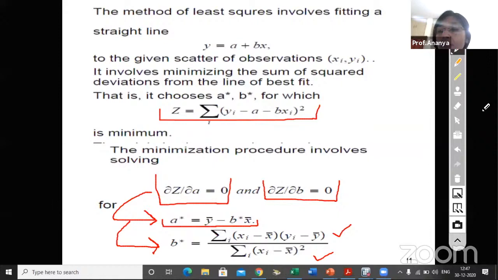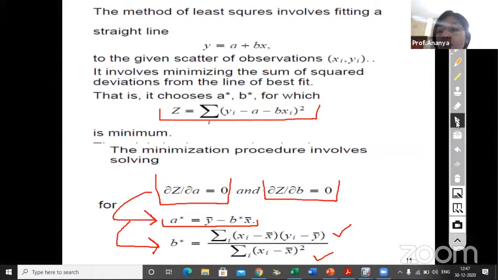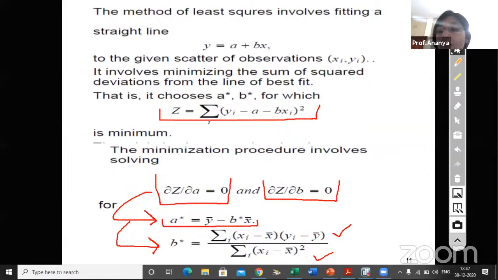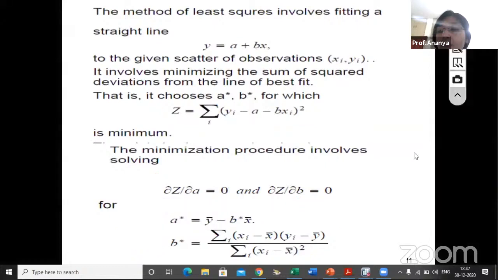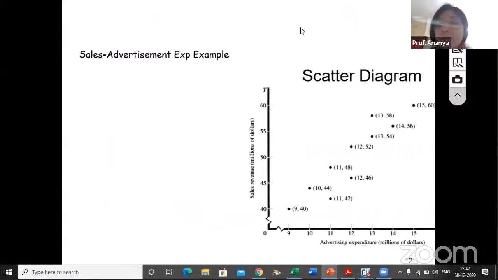So let me just run through this once more. Yes, so the OLS estimators of alpha and beta. Alpha and beta, mind you, are our unknown parameters.